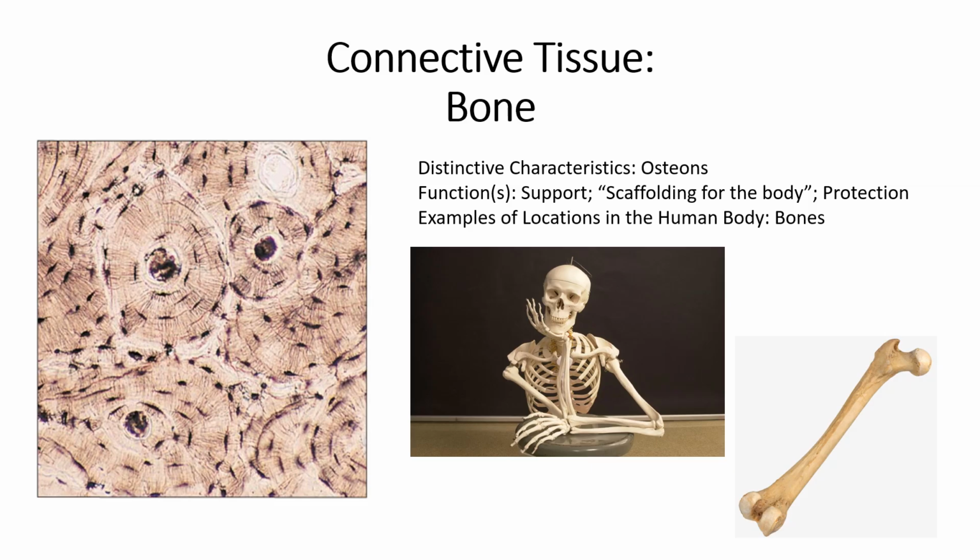The function of bone is to provide support. So bone is basically like the framework for the body or the scaffolding for the body, right? Everything is going to attach to the bone for the bone to support and hold the body up, right? Bone also provides protection.